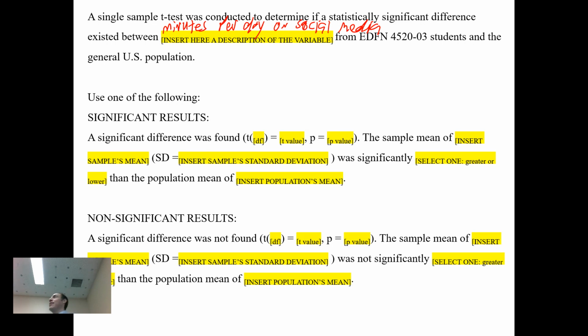So the degrees of freedom, if you use it, says there were 22 responses, subtract 1. So 22 subtract 1 is 21, if you use SPSS.